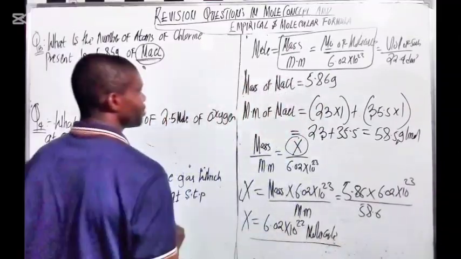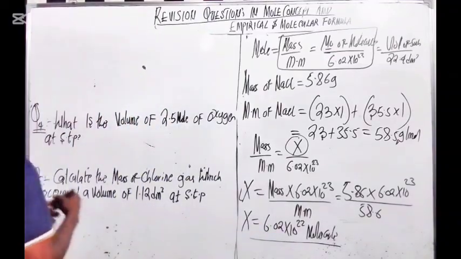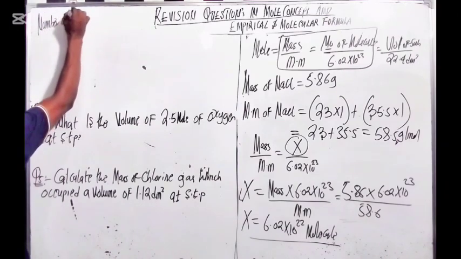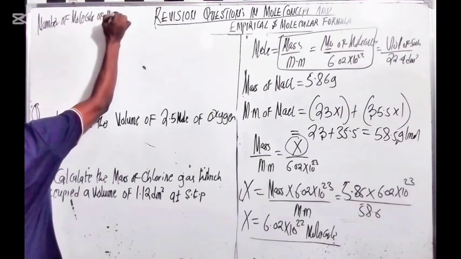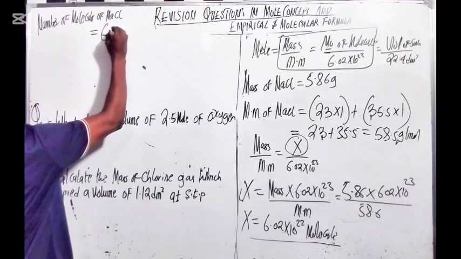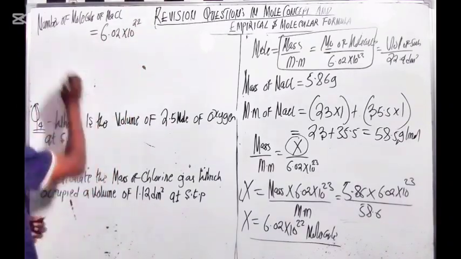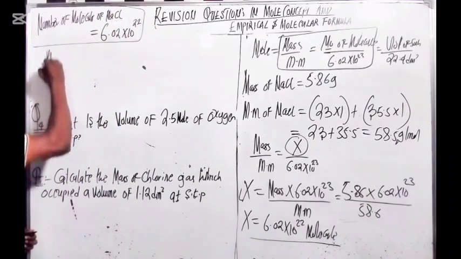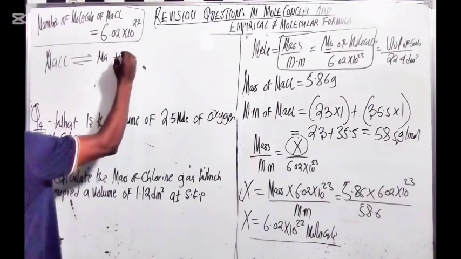So let me write this here so you understand better: number of molecules of NaCl. From here now, remember NaCl. When you split it we have Na plus and Cl minus.